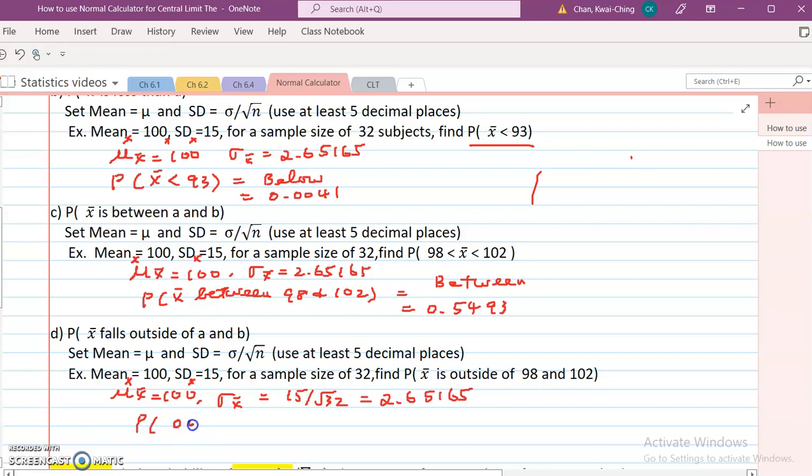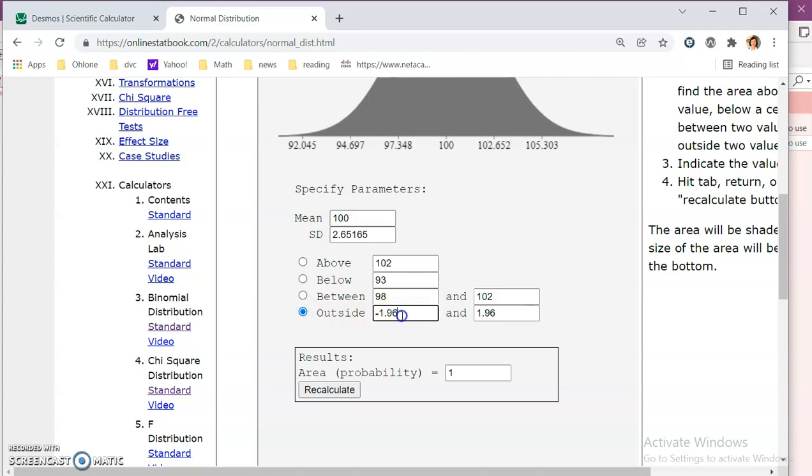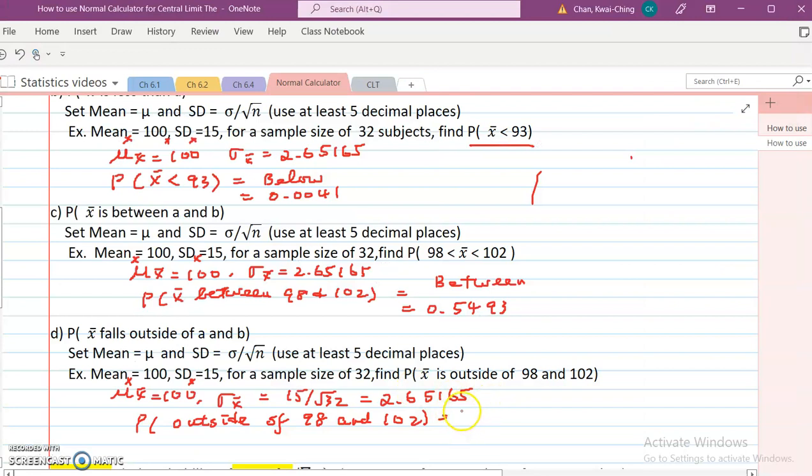So outside of 98 and 102, I have to do 98, 102, hit recalculate, 0.4507. So that's how you find them.